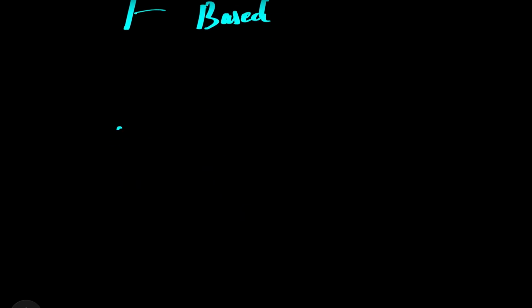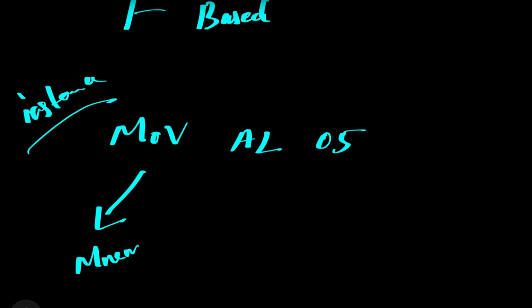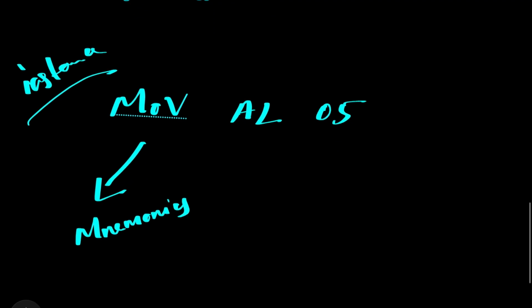Before that, let's have this assembly language instruction, just as an instance: MOV AL, 05. Let's decode this. MOV is nothing but a mnemonic. What is a mnemonic? A mnemonic is just a representation to understand, a code.